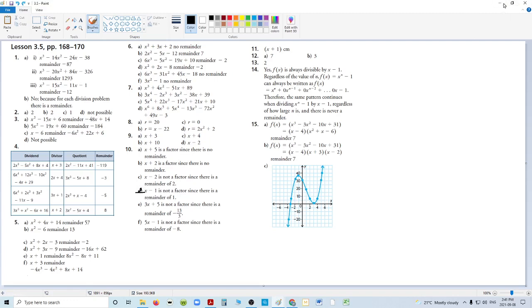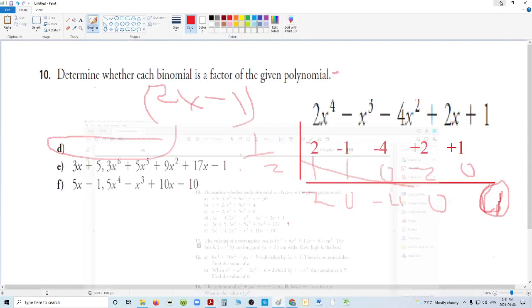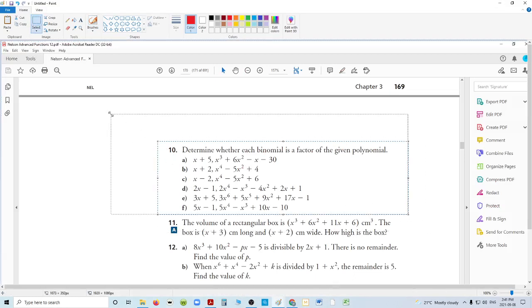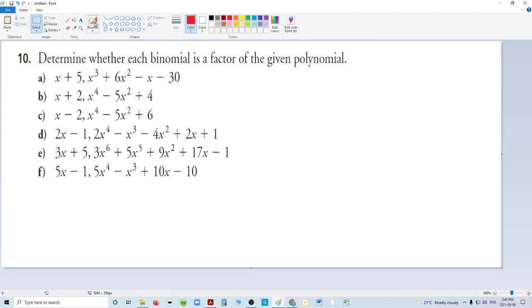And it looks like I made a mistake on this one. It says it is a factor, so maybe I should go back and make sure. I think I forgot the x cubed and the x. That's what happened. Sure enough, it's because I didn't account for all the missing variables.